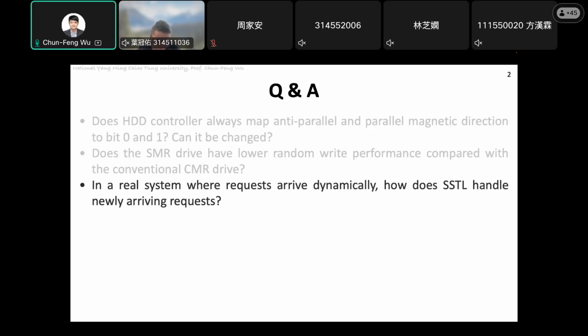Okay. The third one is: in a real system, requests arrive dynamically. How does SSTF handle newly arriving requests? SSTF is shortest seek time first scheduling. So I think the question is about how we can know what the shortest seek time is. In the operating system, there is a request buffer. When requests keep coming, the request buffer can absorb and hold those requests.